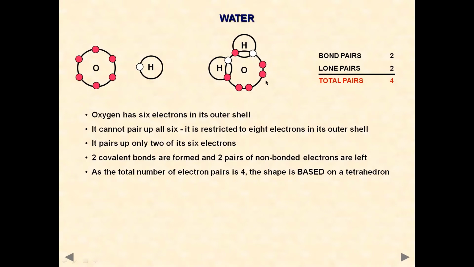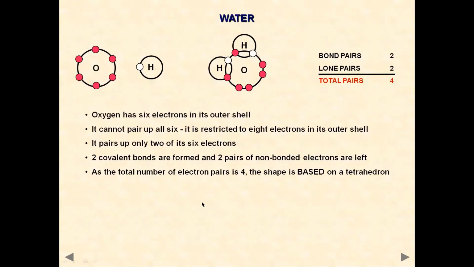Now this pair of electrons and this pair of electrons are not involved in any covalent bond. So in the case of water, there'll be 2 lone pairs of electrons. Again, bond pairs are going to be 2, lone pairs 2. So the total number of pairs is going to be 4. And we know that if there are 4 pairs, then the shape is going to be tetrahedral.